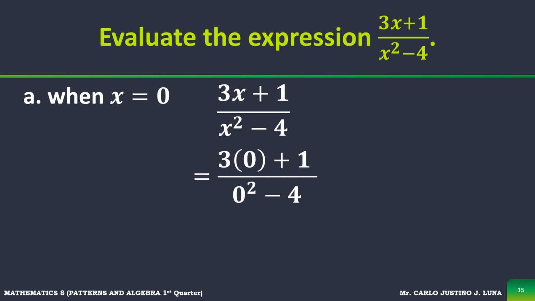So 3 times 0 is 0. So wala na yun. Tanggalin na natin. Okay, and then obviously 0 squared is also 0. So we now have 1 over negative 4.